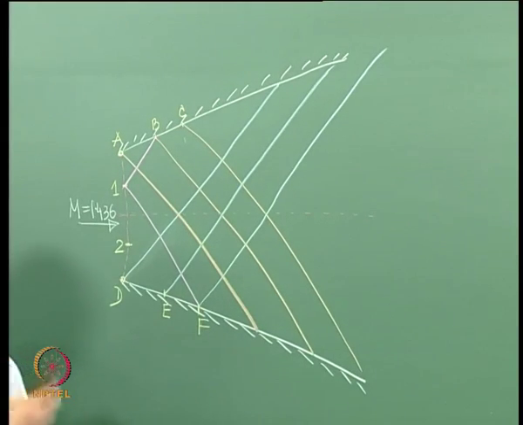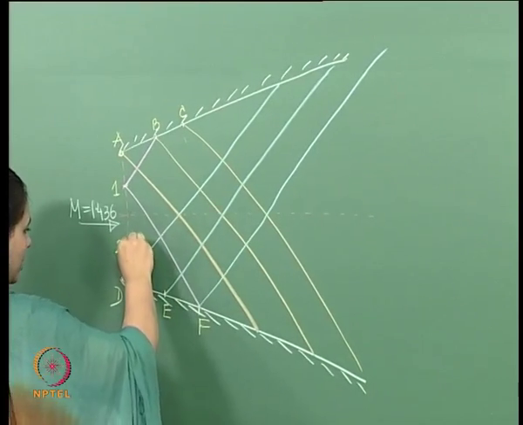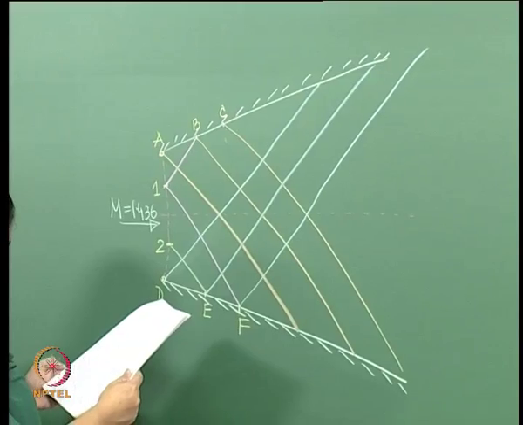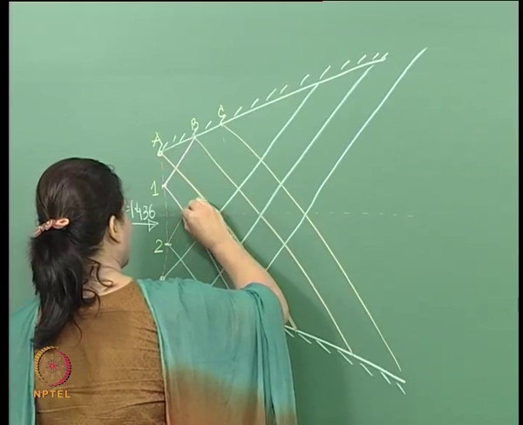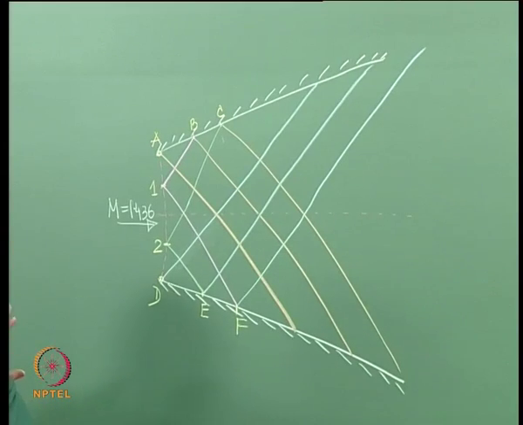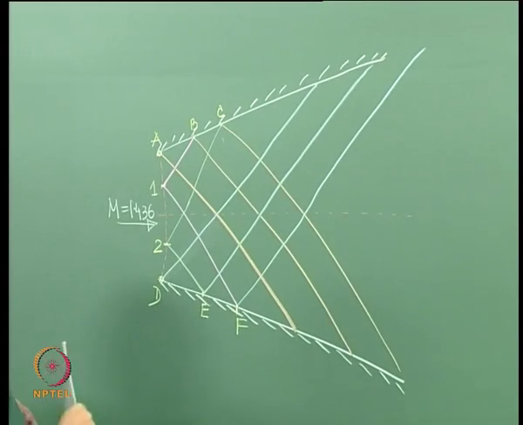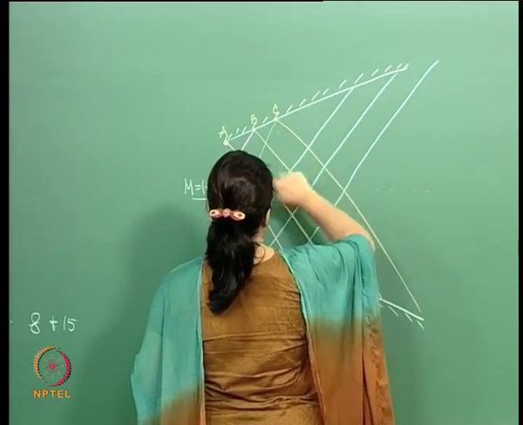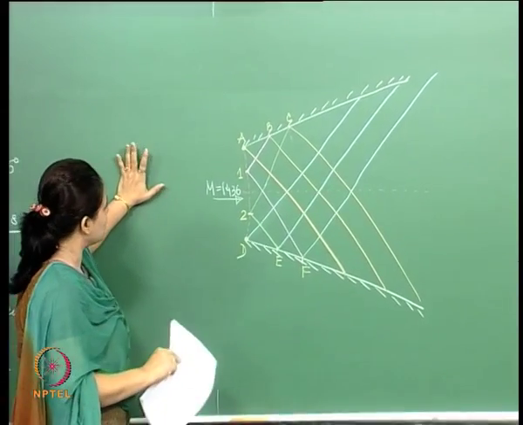So 2 goes through E. We have this series where 2 goes through and goes through to C. I wish my artwork was a little better. If this could run a little parallel to these things, I would have it a little better. But anyway, I'm just trying to be as symmetric as possible.